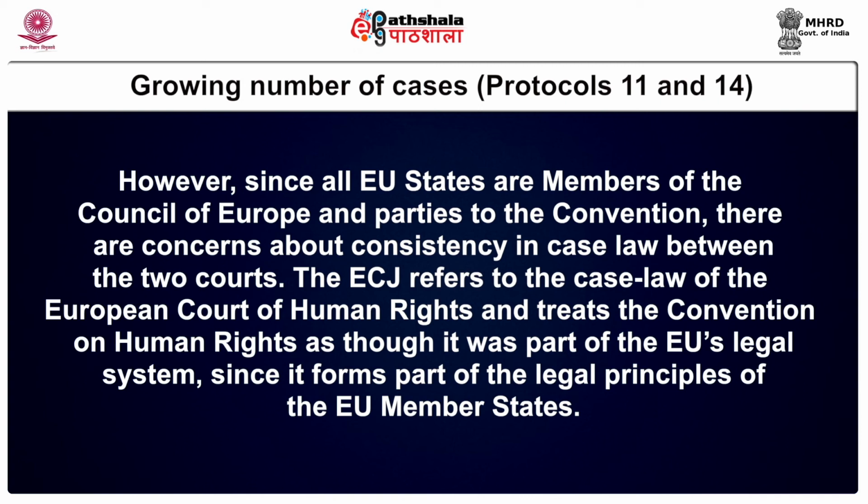The ECJ refers to the case law of the European Court of Human Rights and treats the Convention on Human Rights as though it was a part of the EU's legal system, since it forms part of the legal principles of the EU member states.